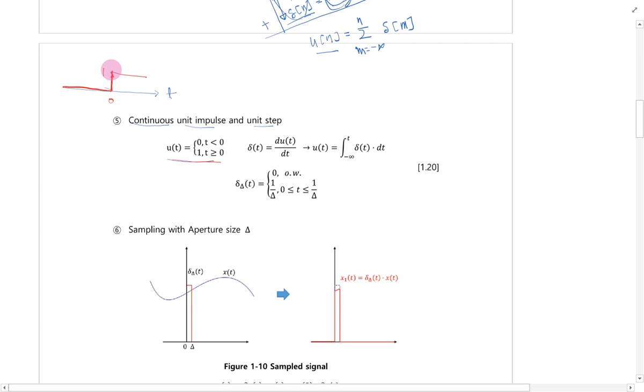Okay. If we take the derivative with respect to time of the unit step function, it is defined as the delta function, the impulse function. The inverse of differentiation is integration.